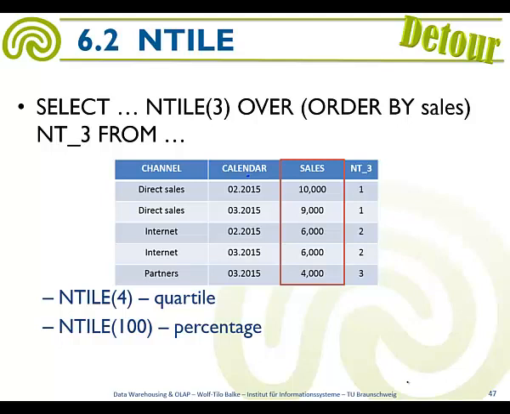So how is that done? Well, you specify how many buckets you want, ntile 3, and what you're going to order by. So we're ordering by the sales, which means that now ntile is 3, so you create 3 buckets, and you're ordering by sales, so you want them to be ordered accordingly.